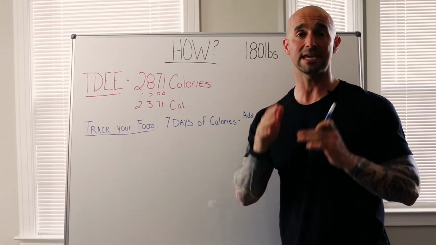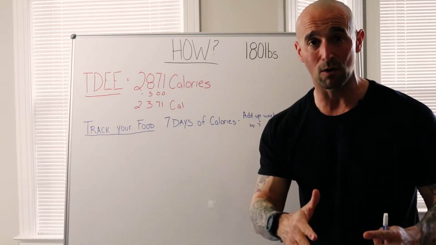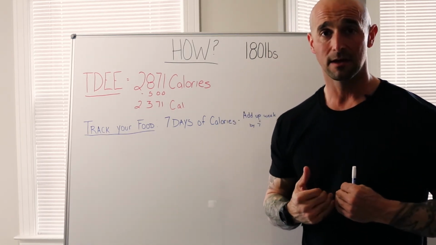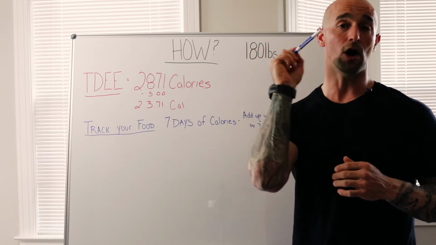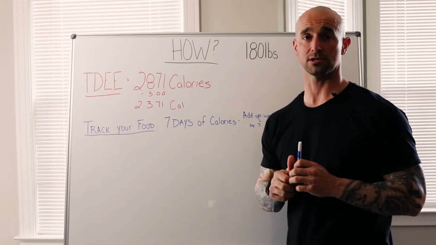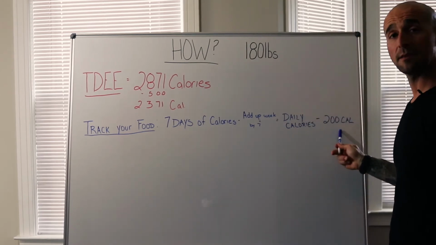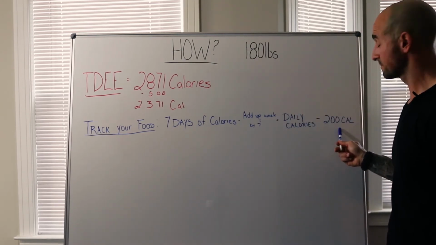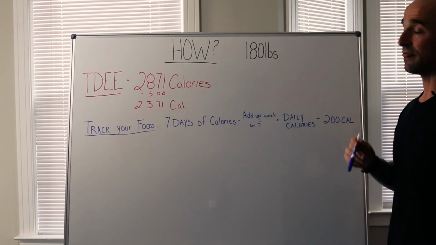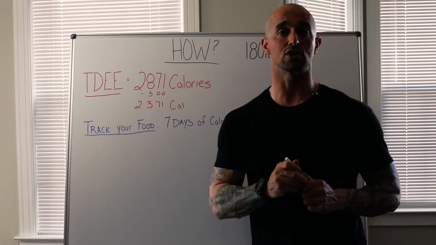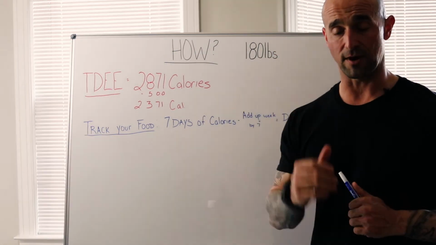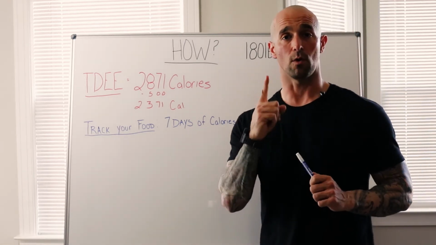That is our key number that is based on exactly what we're already eating now, and it's personalized 100% to your situation, right? We are going to take that number, subtract by 200 calories. That is going to be our target for the rest of the week, for week 1.